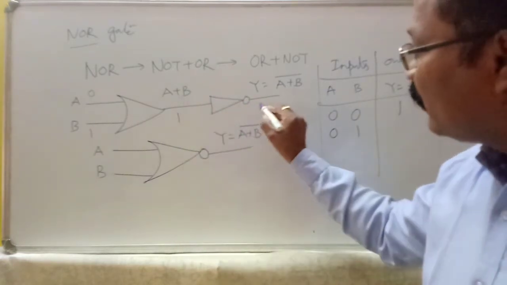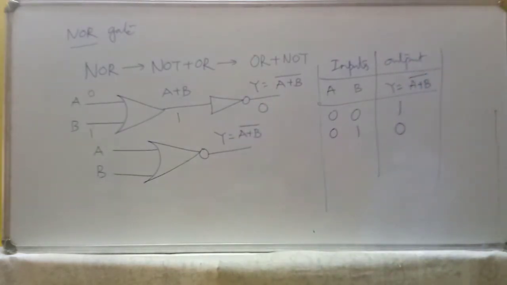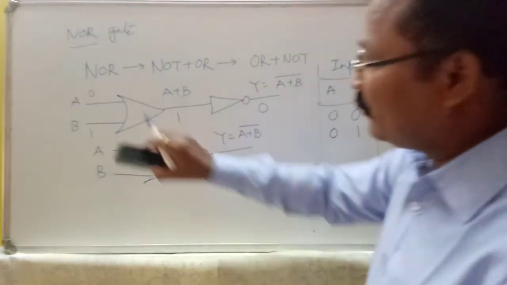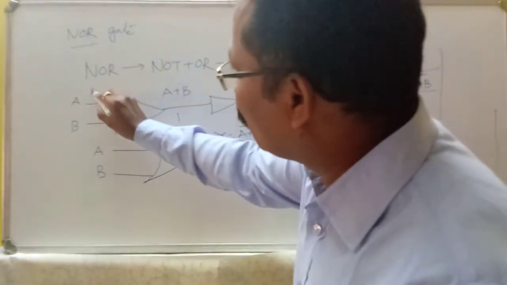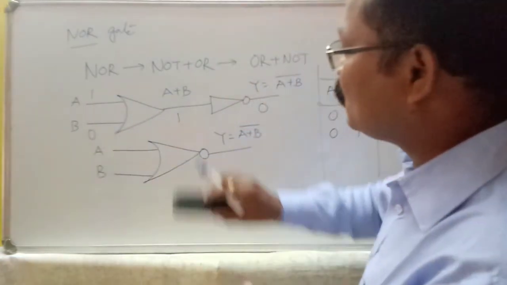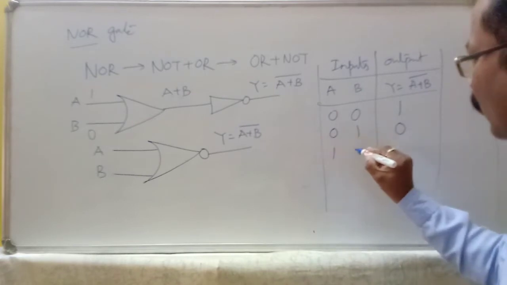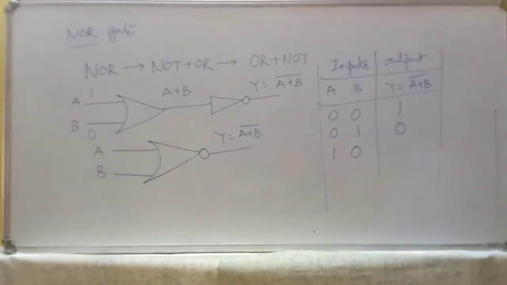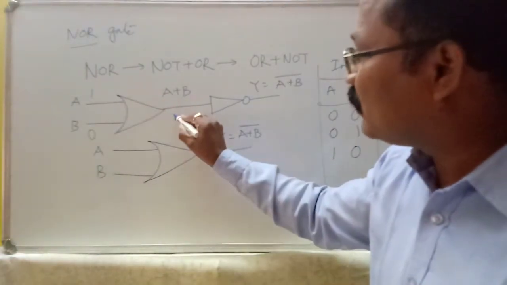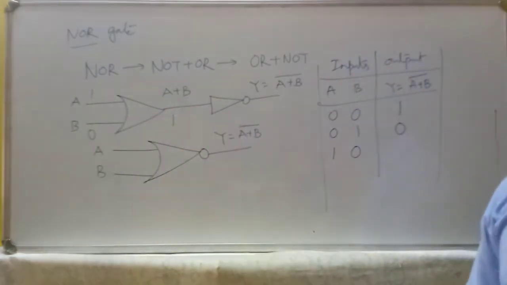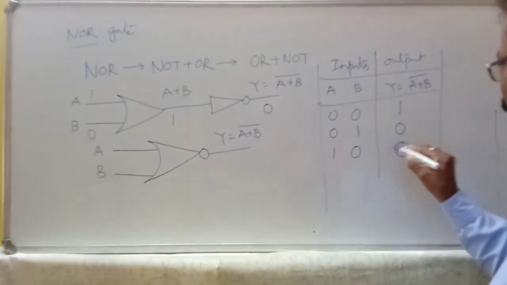What is the output here? 0. Next one. If A is equal to 1 and B is 0. As per the OR rule, 1 plus 0 is equal to 1. The complement of this 1 is 0. Hence the output is 0.